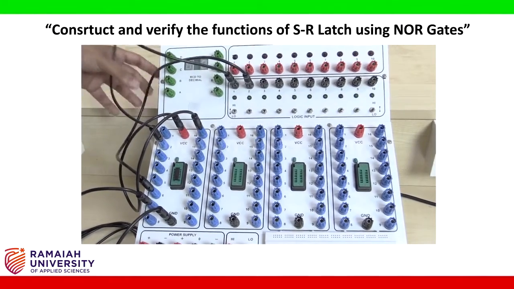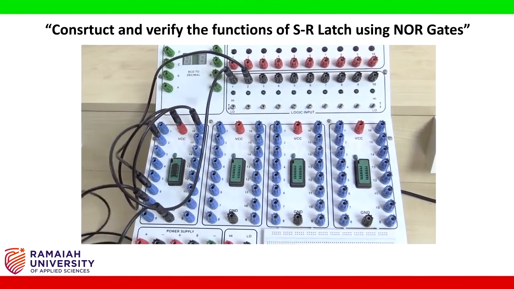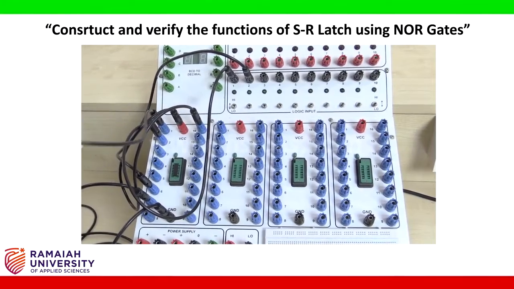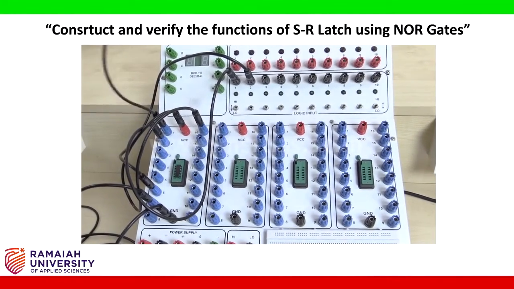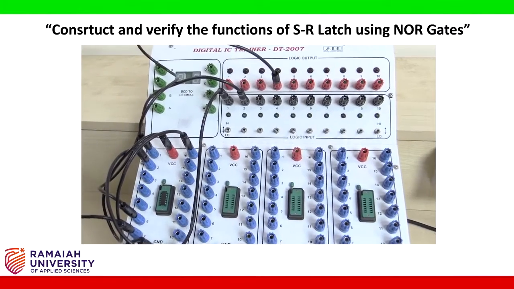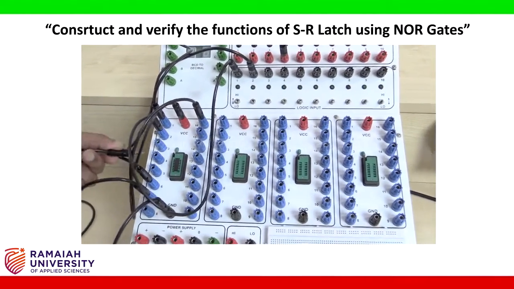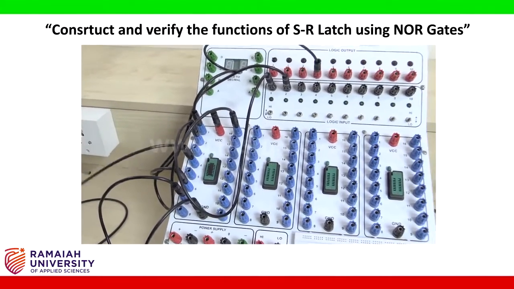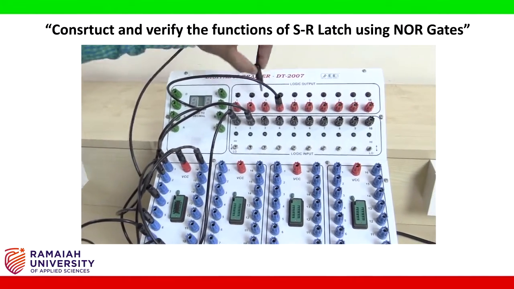Inputs are connected, and pin number 1 and 4 represent the outputs of NOR gates. Pin number 1 is output and it is Q bar. I am connecting here, and pin number 4 is another output. I am connecting it here.